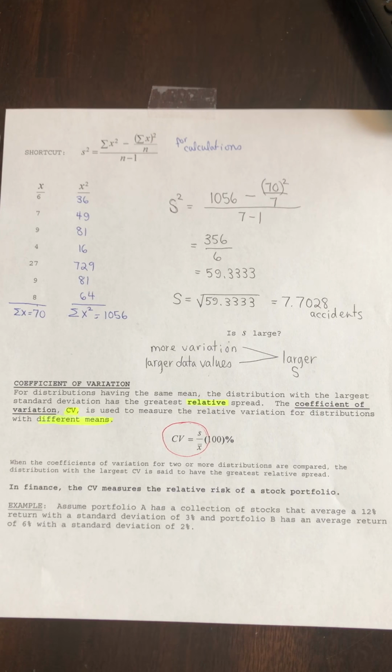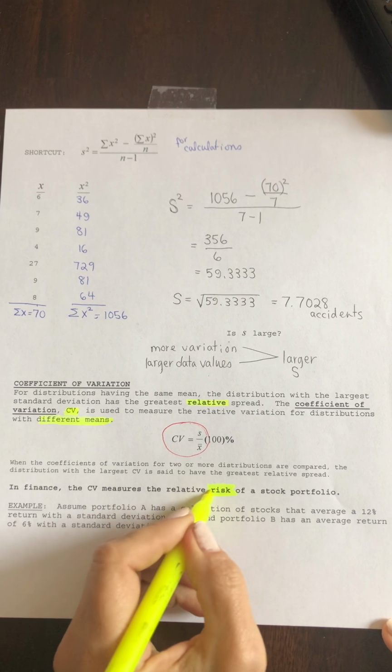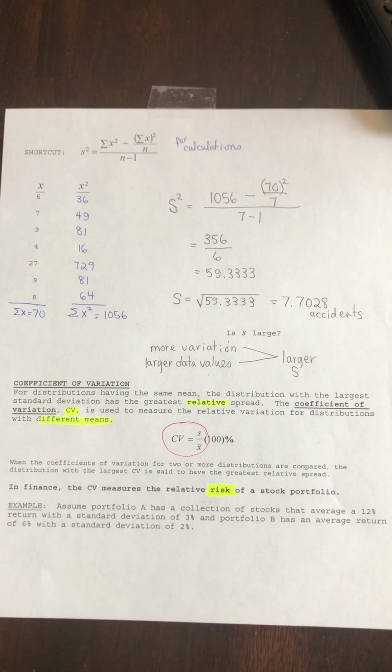Now it turns out that in finance, the CV measures the relative risk of a stock portfolio. Hopefully you understand that the higher the variation, the higher your standard deviation, the more risk you're going to have.